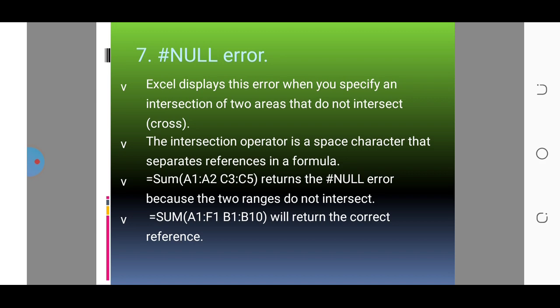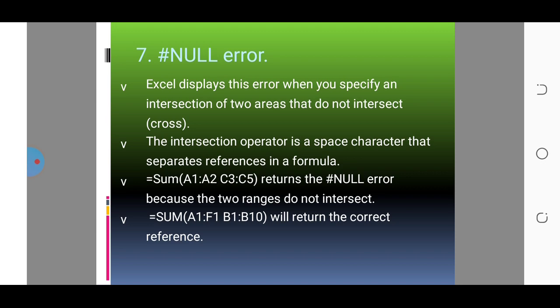The intersection operator is a space character that separates the references in a formula. For instance, you have a sum of A1:A2 and then C3:C5. This will result in a null error because the two ranges do not intersect. You cannot intersect A1:A2 with C3:C5.